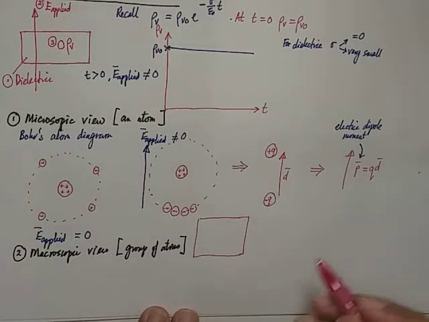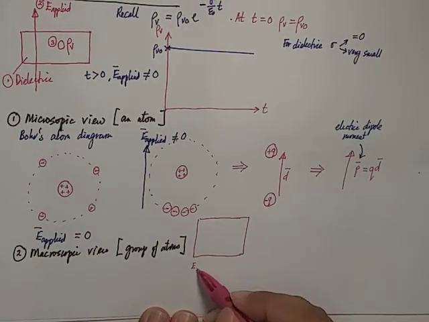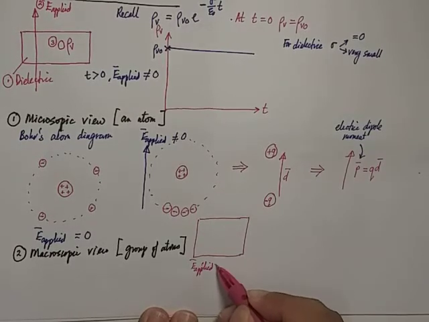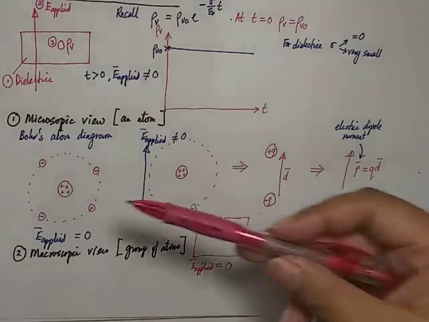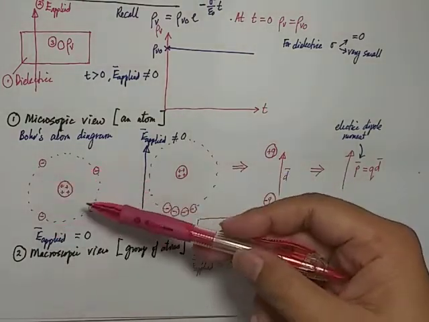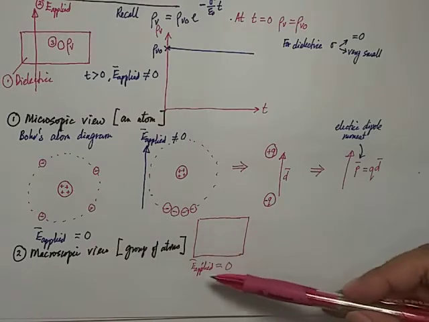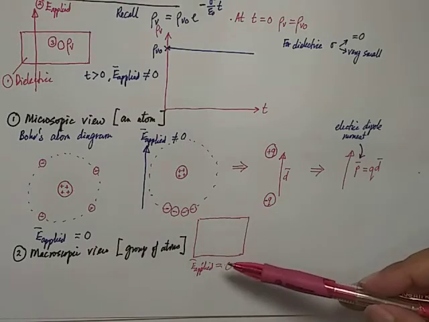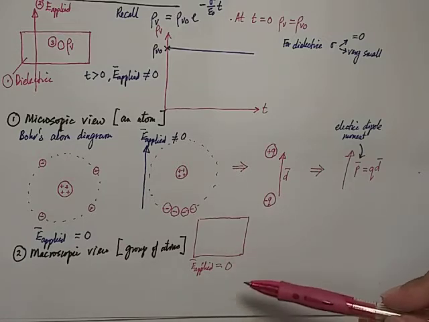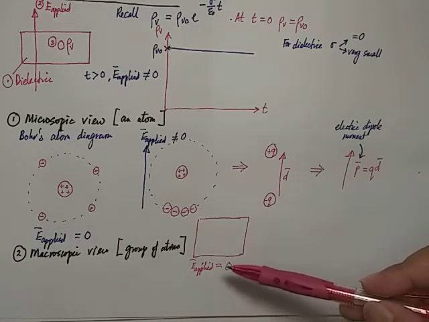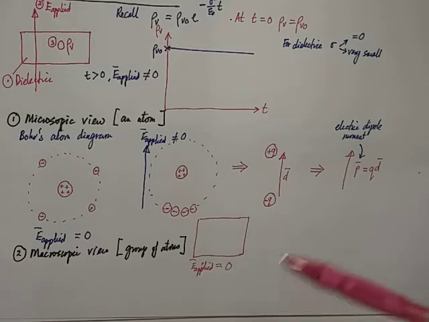Initially, when E applied is 0, nothing happens. In terms of the individual atom, it just remains as it is. Therefore, even though you have a group of atoms, still nothing happens because you do not apply an E field to that given dielectric material.